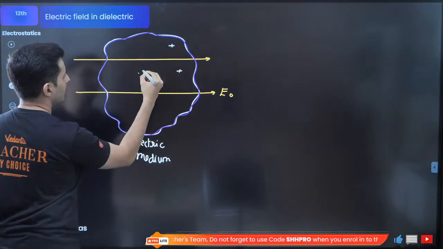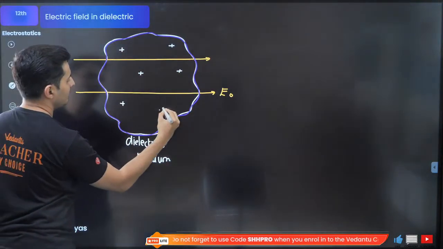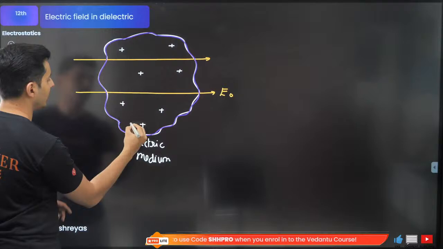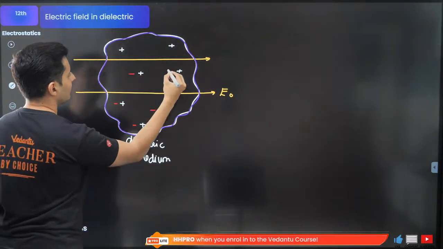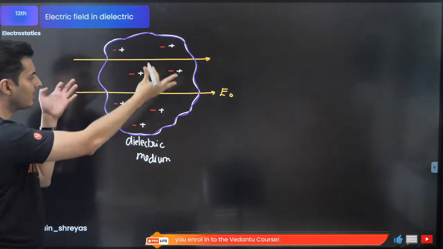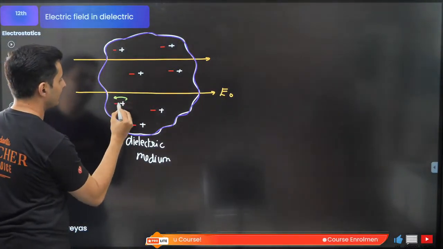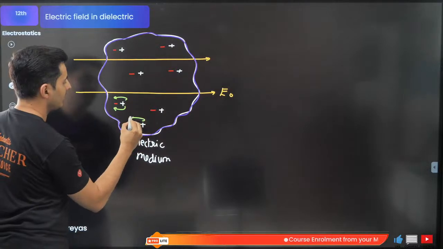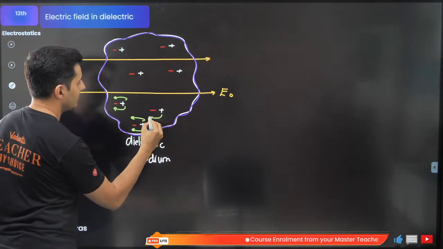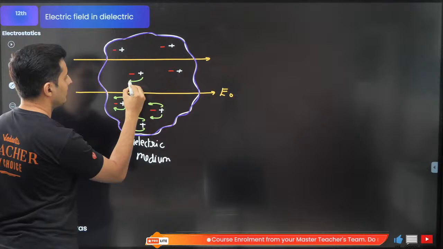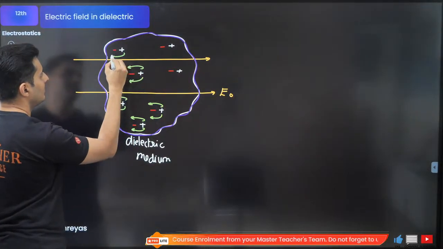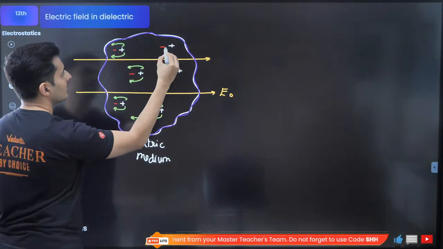So plus everywhere, and an equal negative charge everywhere throughout the medium, because of which you will see field lines coming like this, like this, everywhere guys.